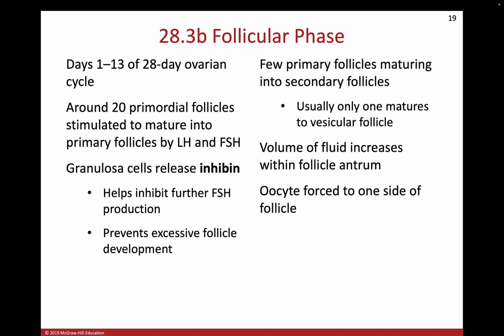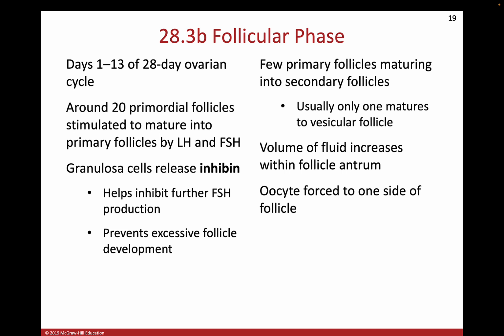During days 1 through 13 of the ovarian cycle, around 20 primordial follicles will be stimulated to mature into primary follicles. This is done by luteinizing hormone and follicle-stimulating hormone. Remember, we have different types of cells within the follicle, and at this point, the granulosa cells release inhibin.